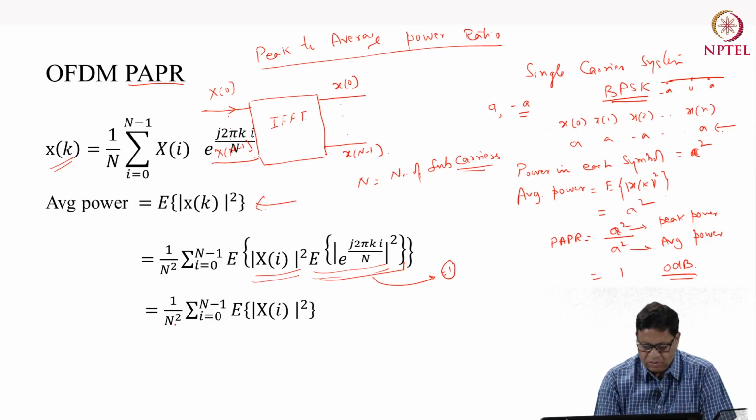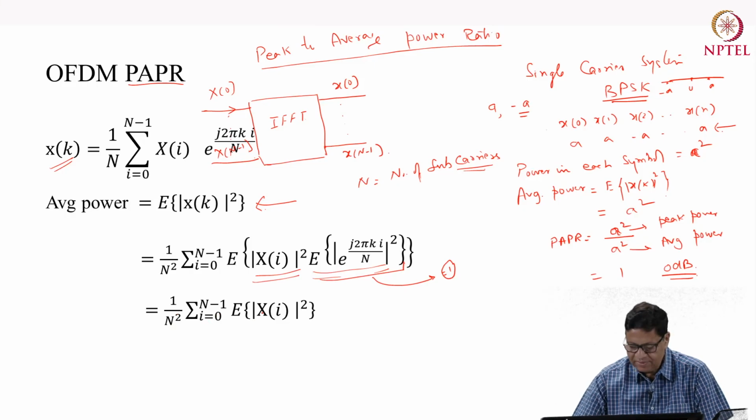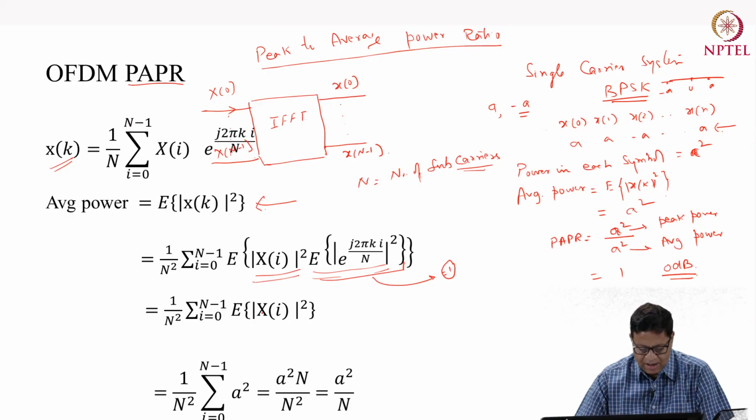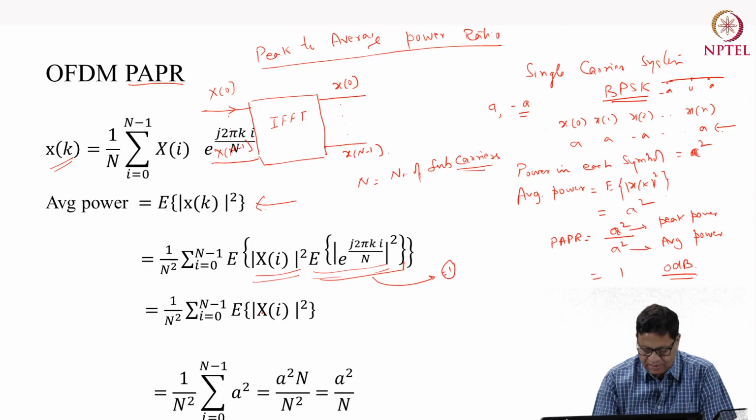So I'm reduced to 1 by n square, summation over all the subcarriers, expected value of xi mod square. And because the samples at the output are changing, I'm assuming this to be A, since I'm just trying to find the maximum average power.